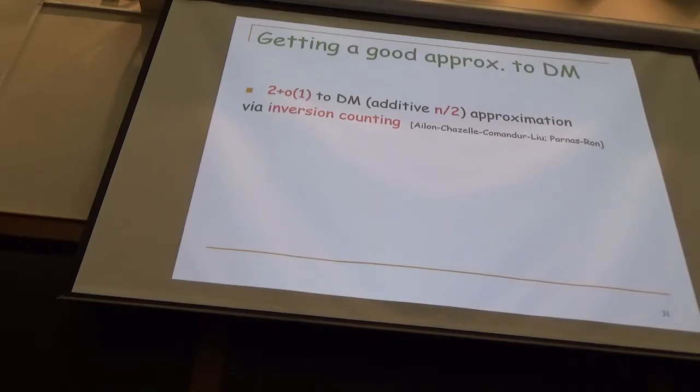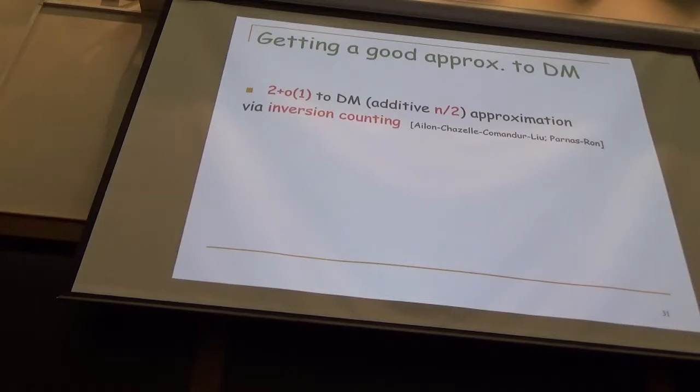And so they got a factor 2 approximation to distance of monotonicity, which corresponds to like an additive n over 2. So as an additive algorithm, it's not very good, but it still uses some very interesting ideas, and it does get a good multiplicative approximation.